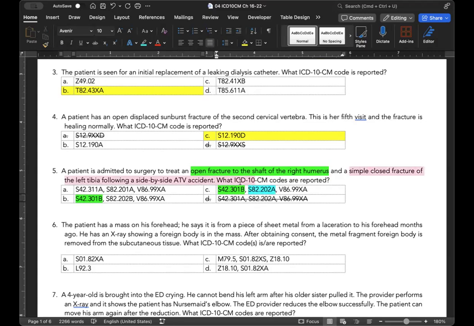It's a simple closed fracture of the left tibia. So now that we've ruled out that one, and we know that A is not our answer, then we know that option C is our correct answer for number 5.